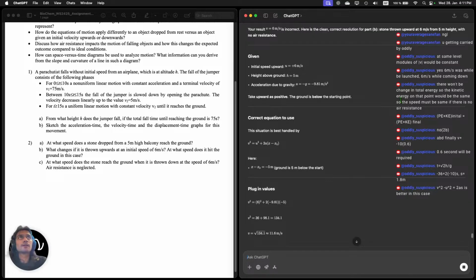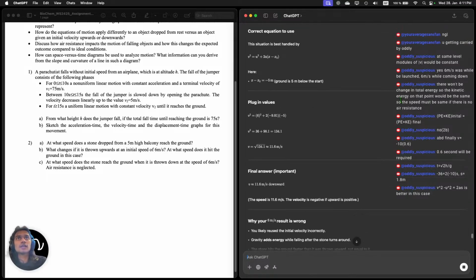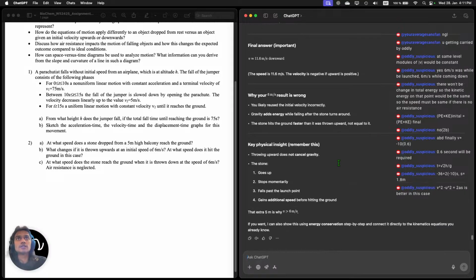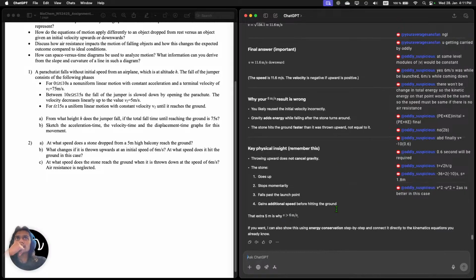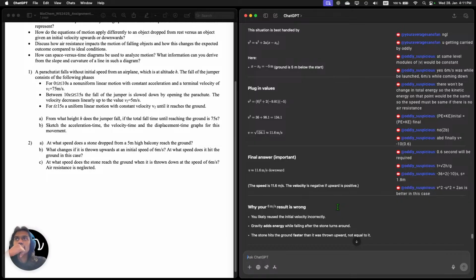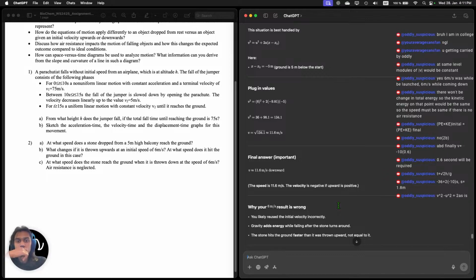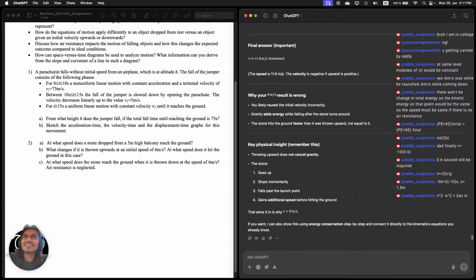I mean, I'm checking if what oddly is saying makes sense. It should be greater than 6. Okay. At start, it reached the ground within 1 second. Bro, I'm in college. Okay. But like I said, it kind of makes sense to have a velocity higher than 6 when it reaches the ground.